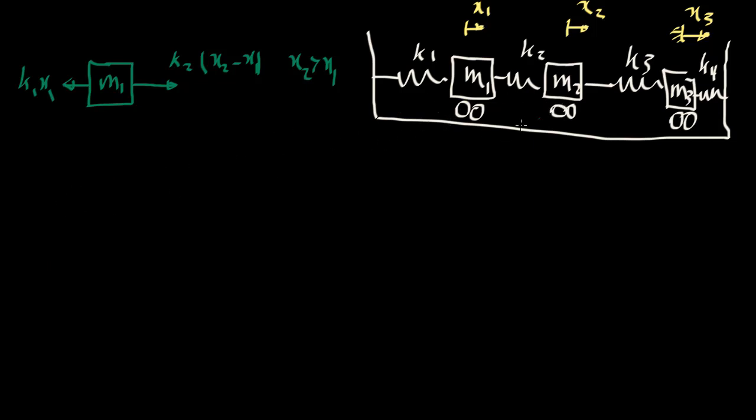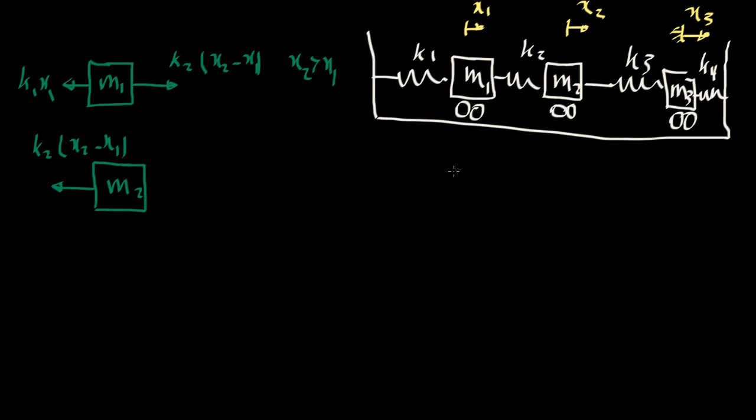Now we have to go to M2. Because this force was in this direction, for M2, the force that this spring exerts on this mass would be in the opposite direction and with the same value. So this would be K2 times x2 minus x1.